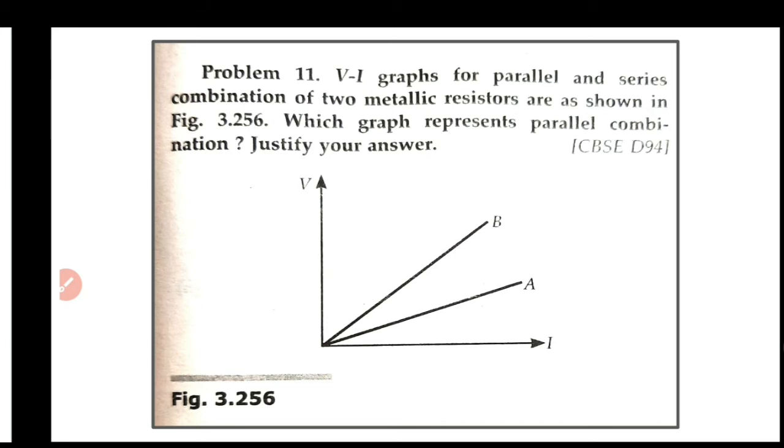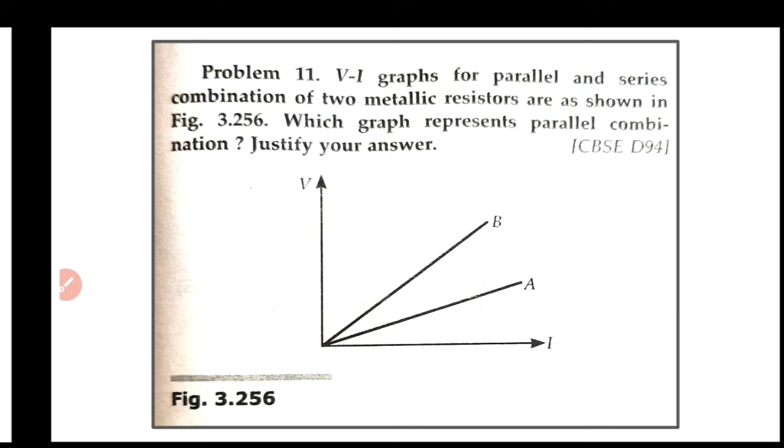Now these questions are typical questions with VI graphs. So we have already discussed, I think, if a graph is drawn with voltage along y-axis and current along x-axis, the graph obtained for a pure conductor will be a straight line graph, and the slope of the graph gives what?